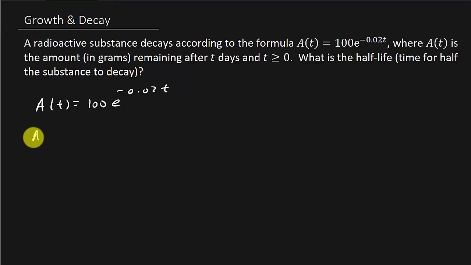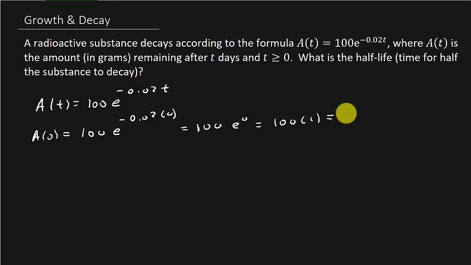So A of 0, because that's at time T equals 0, is going to be 100 times e raised to the negative 0.02 times 0, which is 100 times e to the 0, which we know is 100 times 1, which equals 100. So that's the amount present initially.